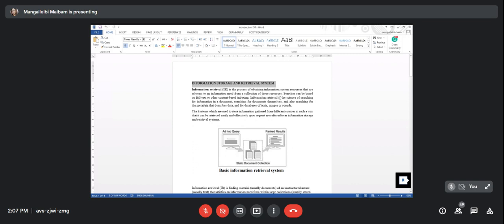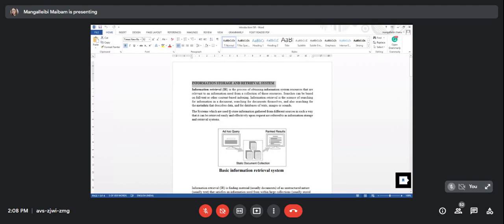That means we will have a large collection of resources or information. From the large collection, we will retrieve what we need. Only the relevant information will be retrieved. That is information retrieval. In order to retrieve the information, many search engines can be used.